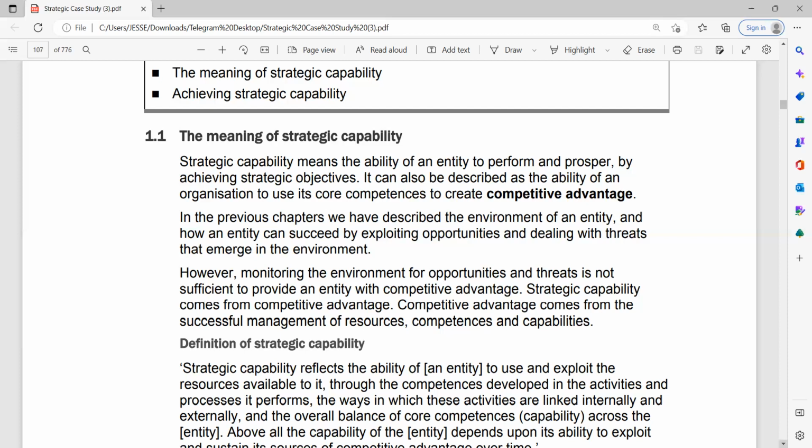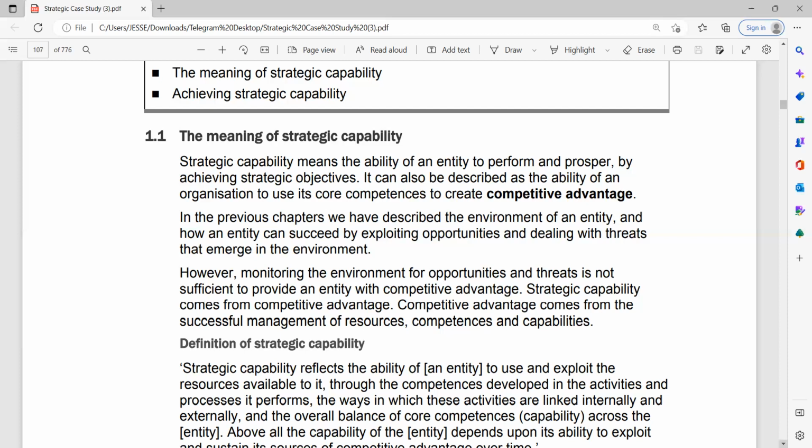So what it means here is that scanning the external environment is not sufficient. It's not that it does not offer any competitive advantage at all. It's that it is not sufficient to provide an entity with competitive advantage. You also need the internal side of things to be able to compete in the market. Very, very important.